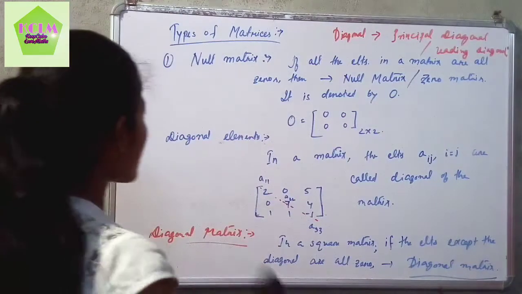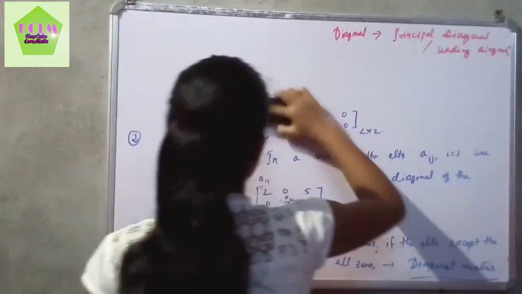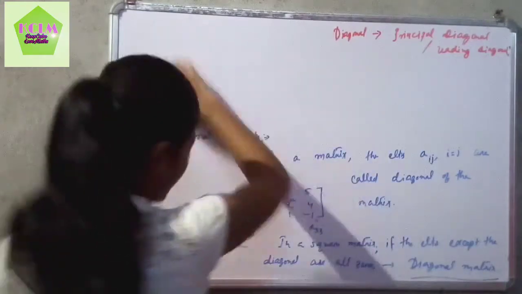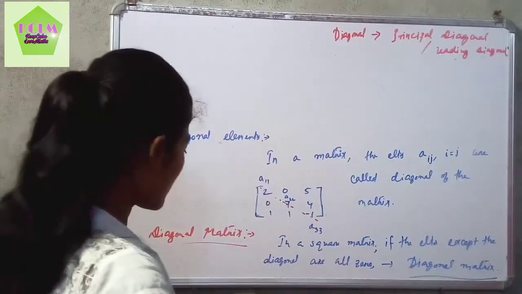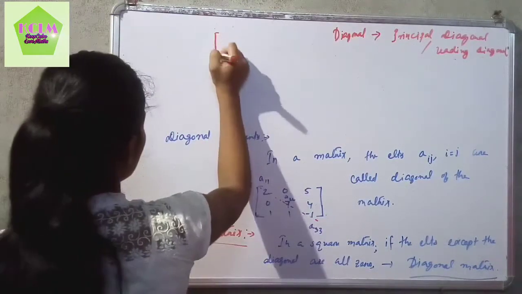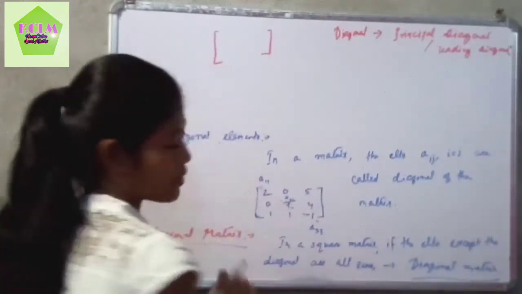Let's see with an example what a diagonal matrix is. By the definition of a diagonal matrix, the elements except the diagonal elements are 0.